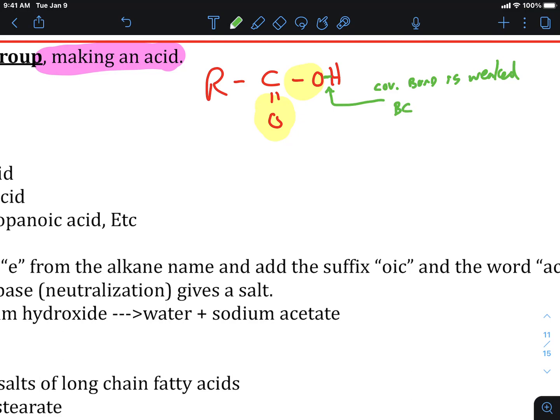because the electron density is drawn towards the more electronegative oxygens, plural.